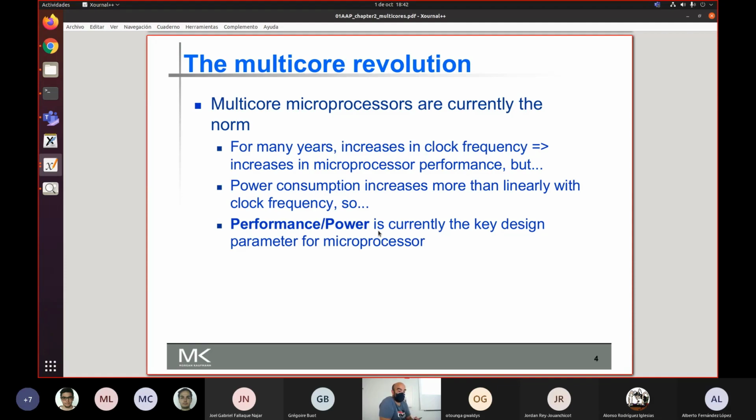But at some point, the increase of the frequency was not possible anymore. Because as we saw at the beginning of this subject, when you increase frequency, you also increase power consumption. And also you have to dissipate more heat.